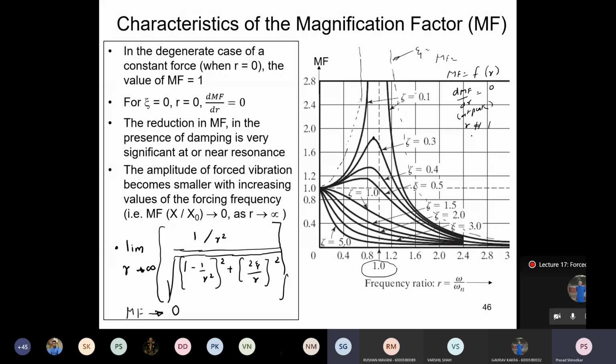For finding the maxima, if I take the derivative with respect to r, for some particular value of r this derivative will become 0 and the magnification factor reaches its peak value. But this peak value is not reached when r is equal to 1. It is reached at a point slightly before r equal to 1.